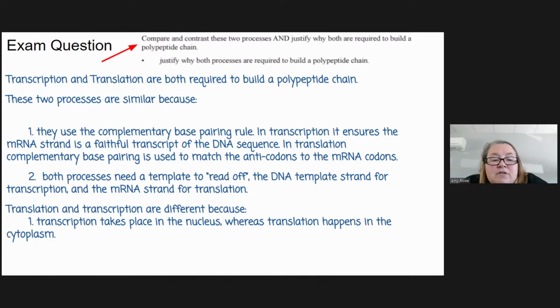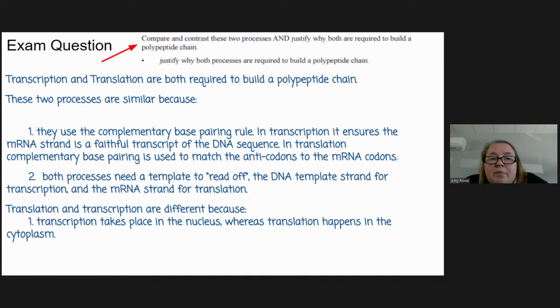Secondly, both processes need a template to read off. So the DNA template strand is used as a template in transcription to build the mRNA, and in translation, the mRNA is our template for building an amino acid sequence. So they both involve a protein reading a template to construct a new molecule.